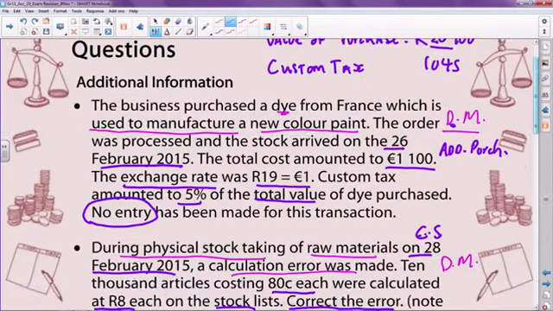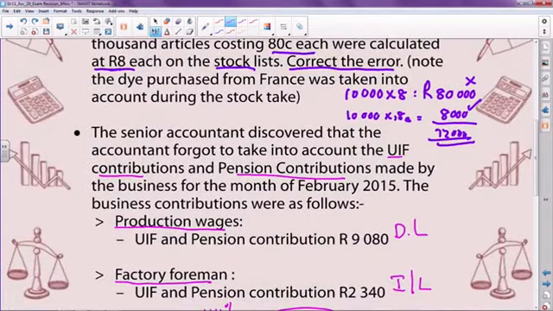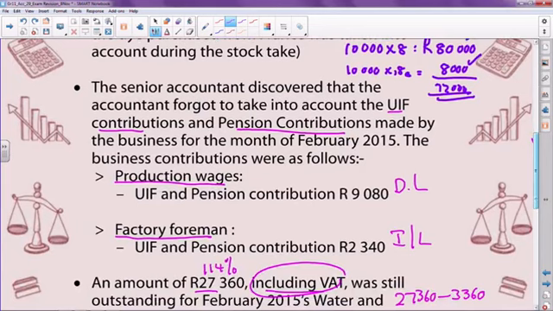Okay, so the information given. The senior accountant discovered that the accountant forgot to take into account the UIF contribution and the pension contribution made by the business for the month of February 2015. The business contributions were as follows. Right, so we are interested in the factory foreman.